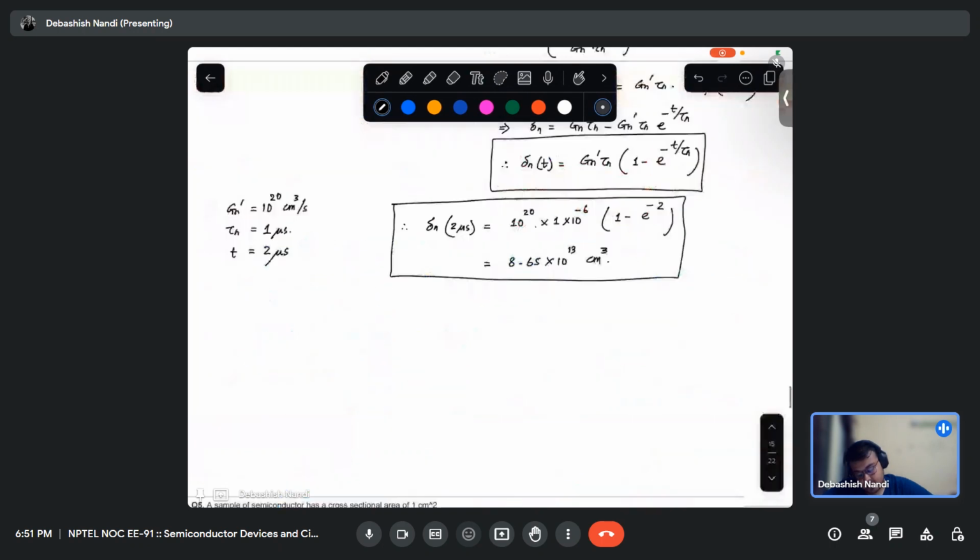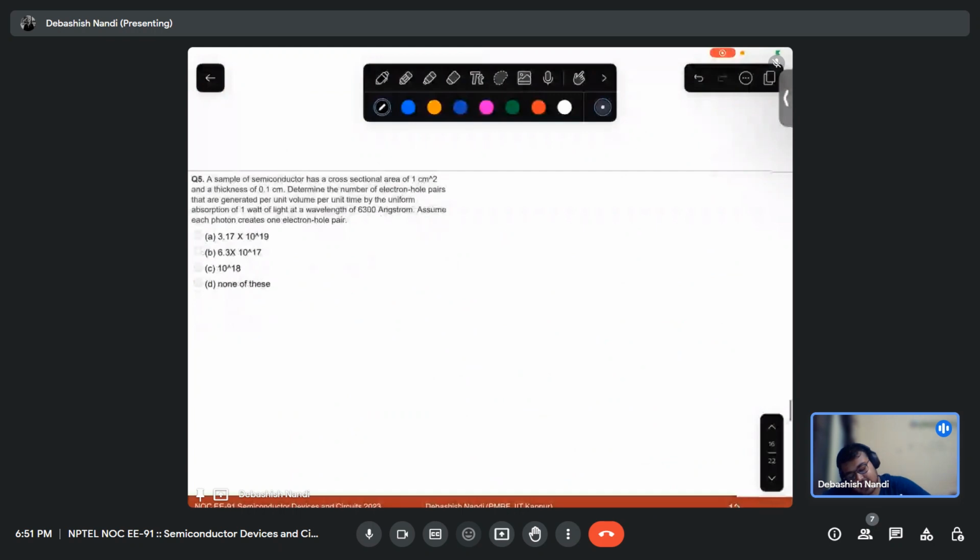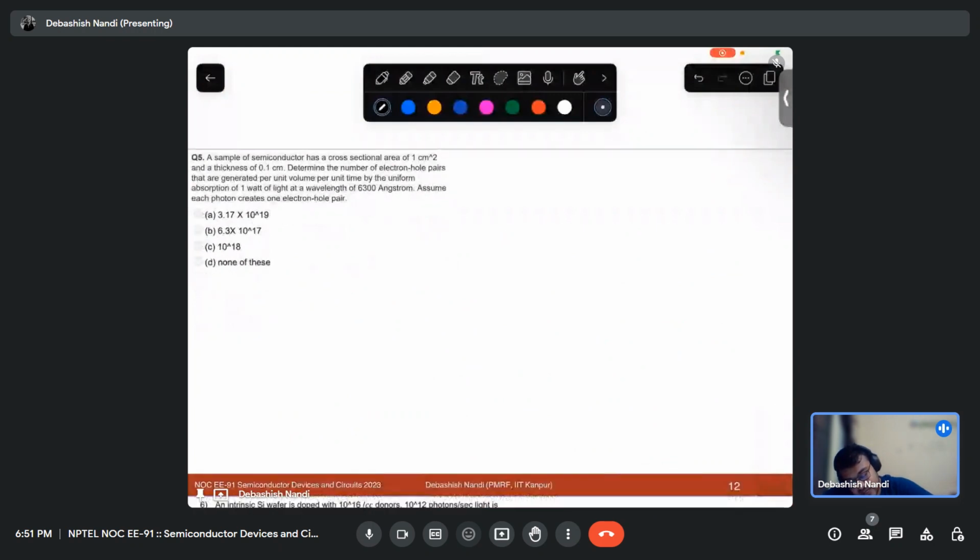So let's move on to the next problem. A sample of semiconductor has a cross-sectional area of this. Okay. Let me just draw this. Okay. And a thickness of 0.1 centimeter, and a cross-sectional area, this surface area is your 1 centimeter square. Fine.